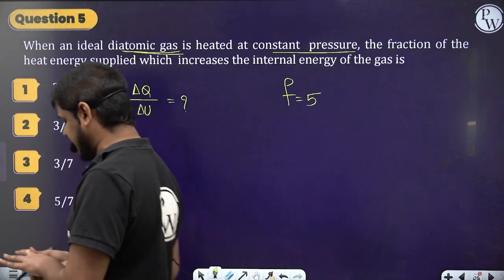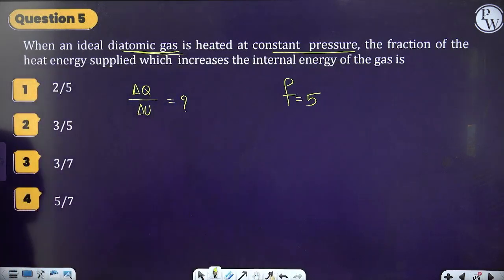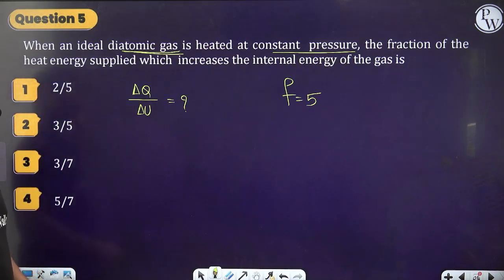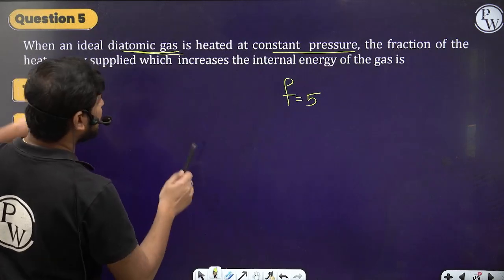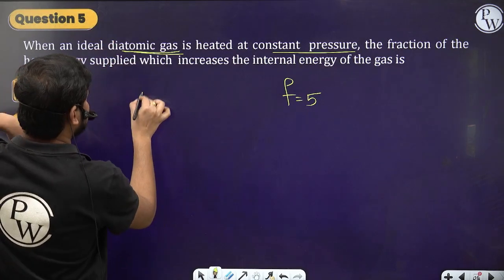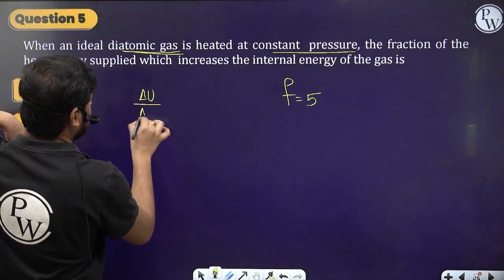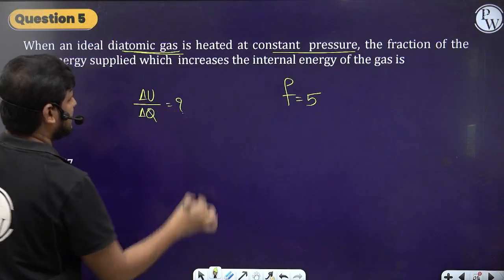I will just stand aside, you calculate it on your own. The fraction of heat energy which increases the internal energy, so it's ΔU by ΔQ, this you have to calculate.